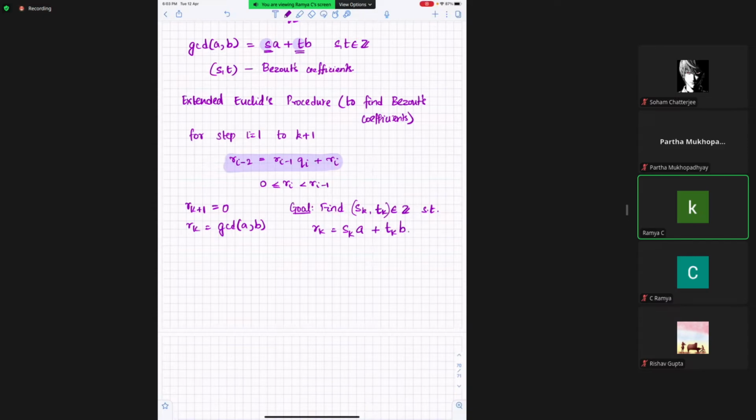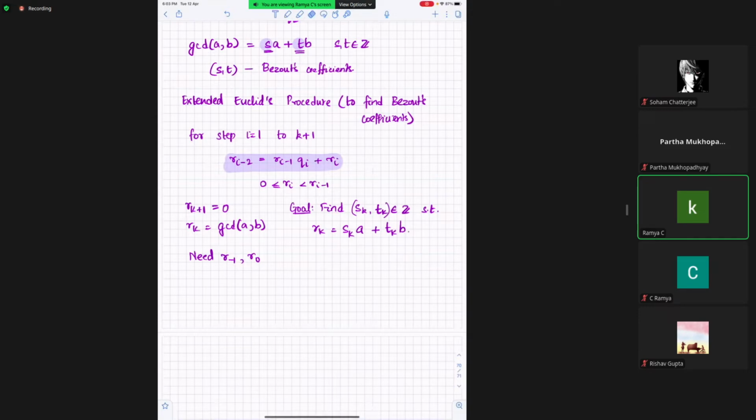When I say i equal to 1, I will need values for R minus 1 and R0, right? So if I put i equal to 1 here, I'll get R minus 1 is R0 Q plus R1. R1 I know, but then to keep track of, I should know what R minus 1 and R0 are, right?